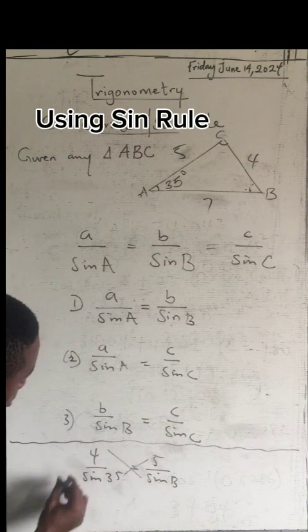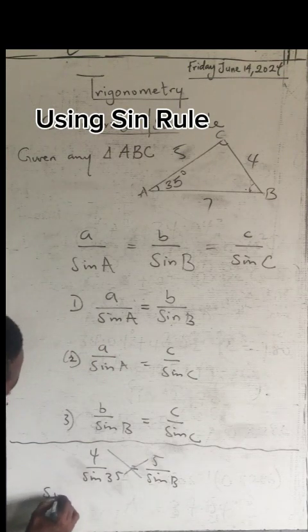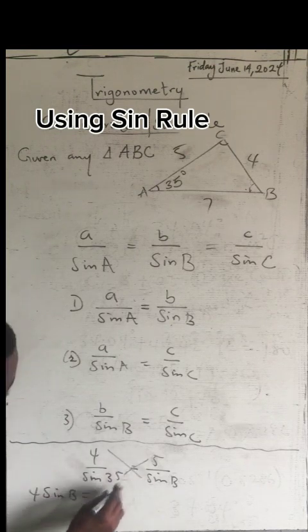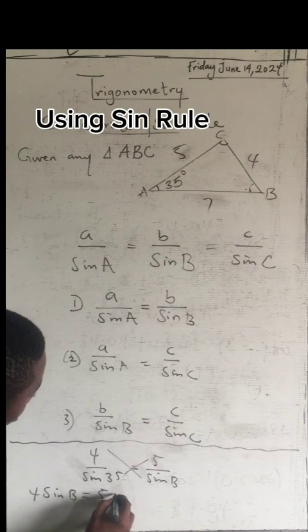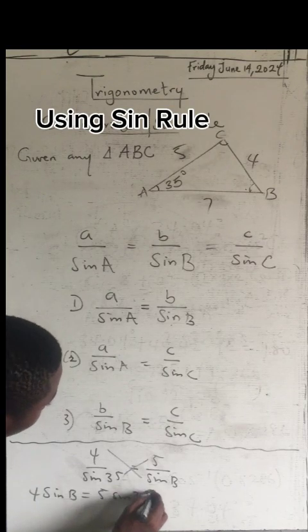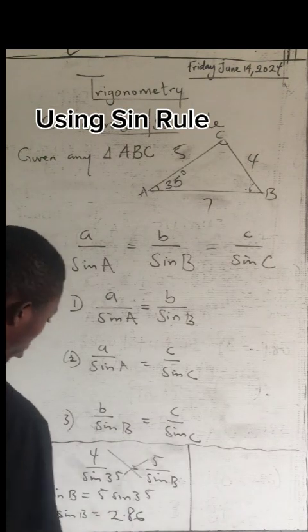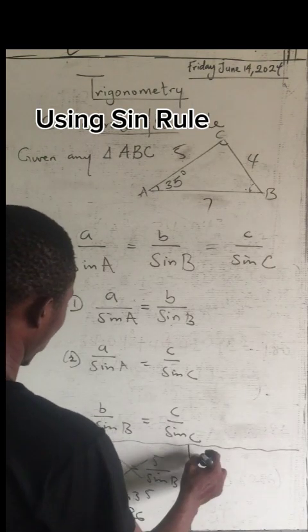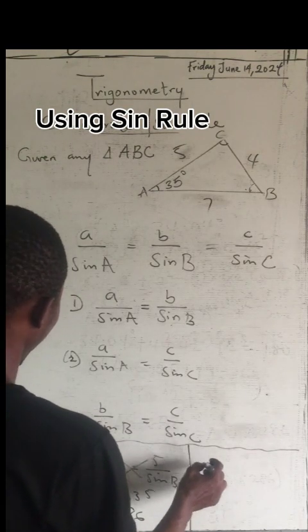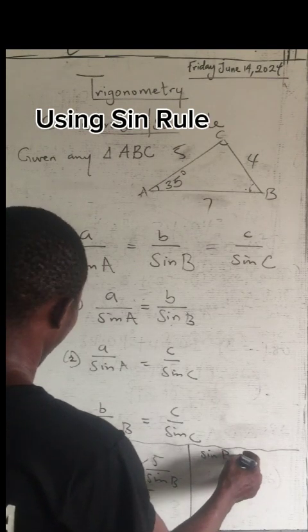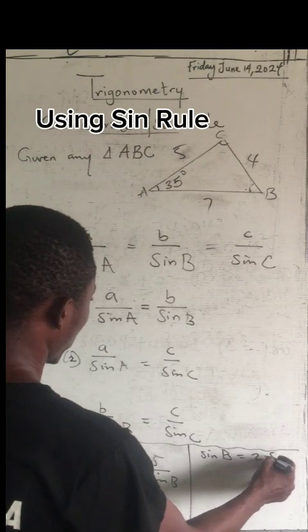So what am I going to do? Just cross multiply. Here I have that 4 sine B is going to be equal to 5 times sine 35. Then just divide both sides by 4. So we have that sine B equals 2.8.